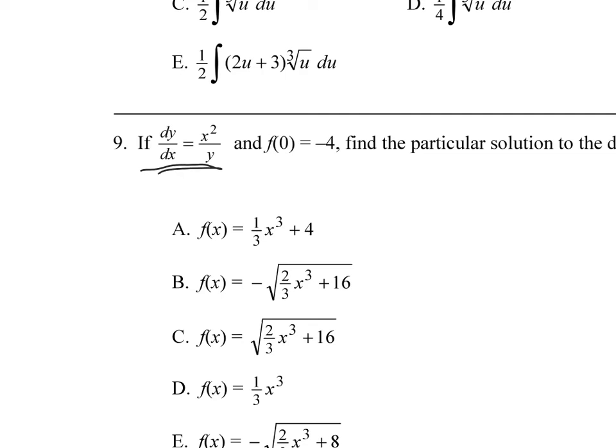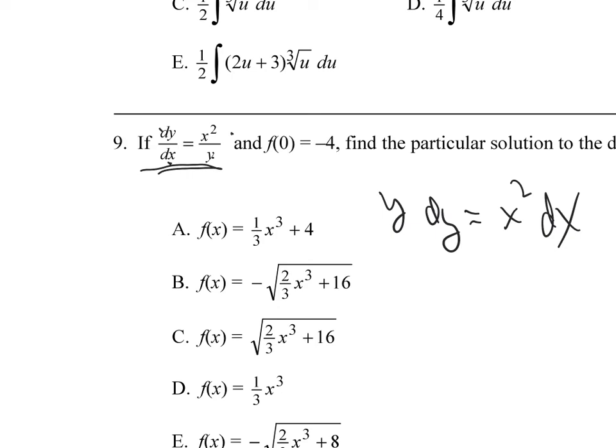This one is that differential equation that we've had in the past. You would have to basically solve that. Let's see, I need y's to go with my dy's and my dx's to go with my x's. So you would rewrite that into y dy equals x squared dx.